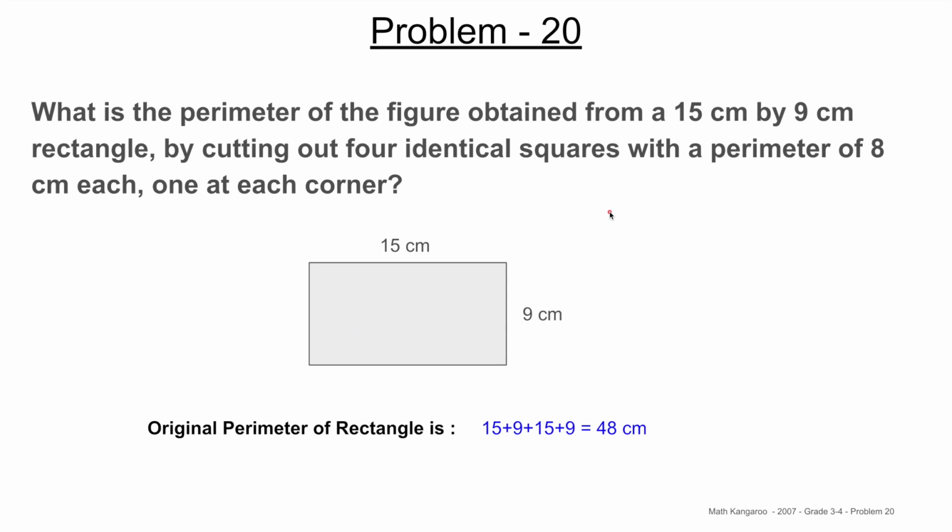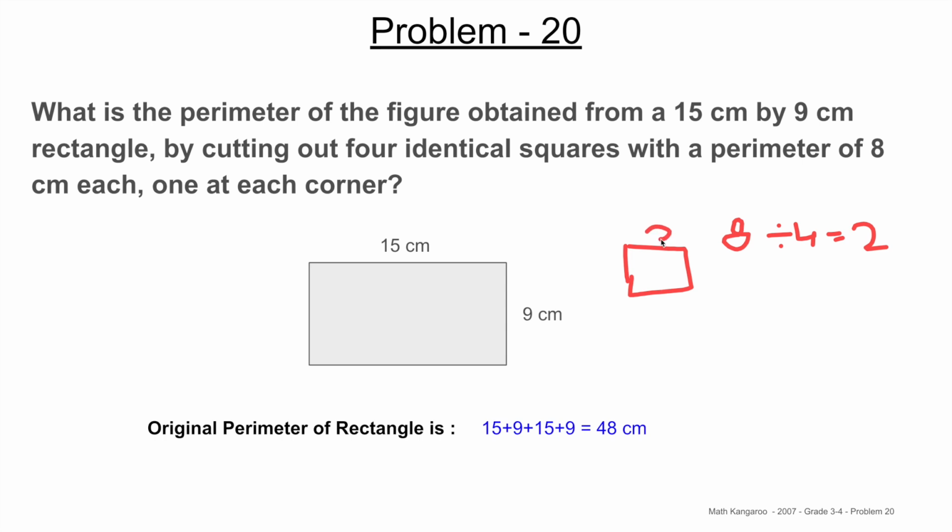Now moving further, we should find out the size of the cut square. We know all squares have equal sides, and perimeter is the distance traveled on the edge of the shape. Since each small square has a perimeter of 8 cm, we divide 8 by 4, which gives us 2 cm.